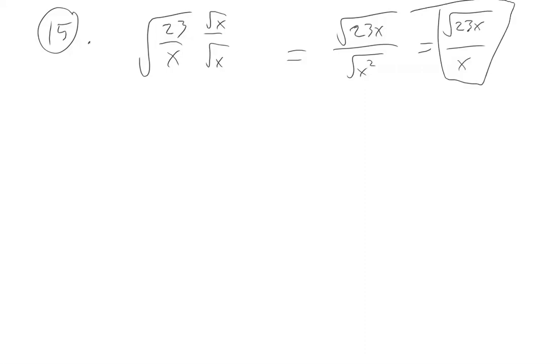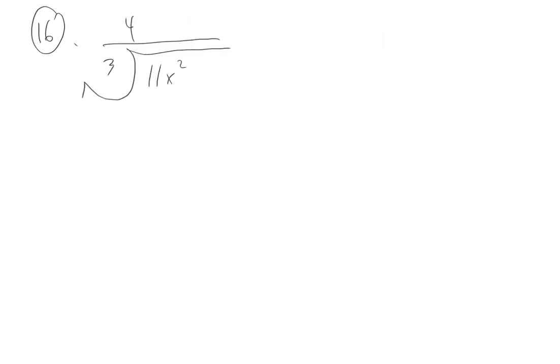Then let's try number 16. Number 16 says 4 over cube root of 11x squared. Now I need to multiply this by something to make 11 into a perfectly cubable number. So how about if I multiply it by cube root of 11 squared times x?